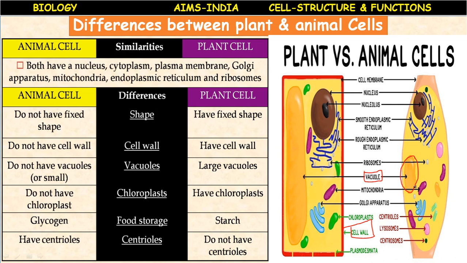These vacuoles are small in size in animals, whereas in plant cells they are large.